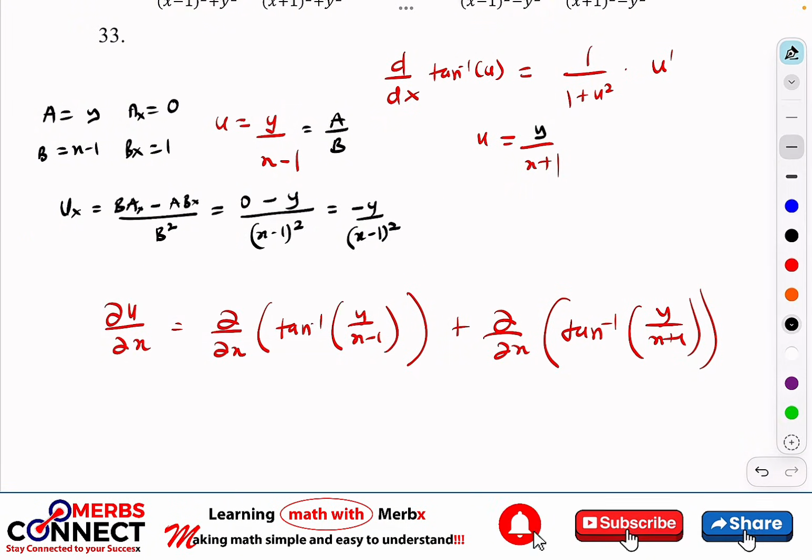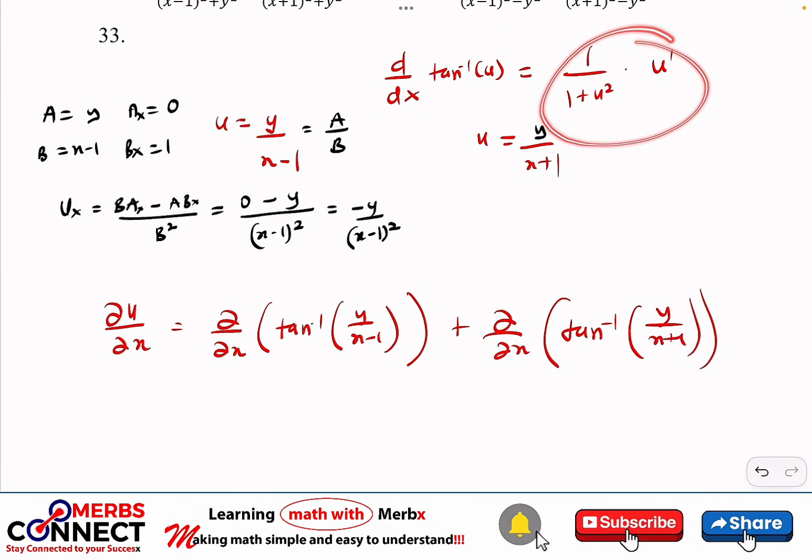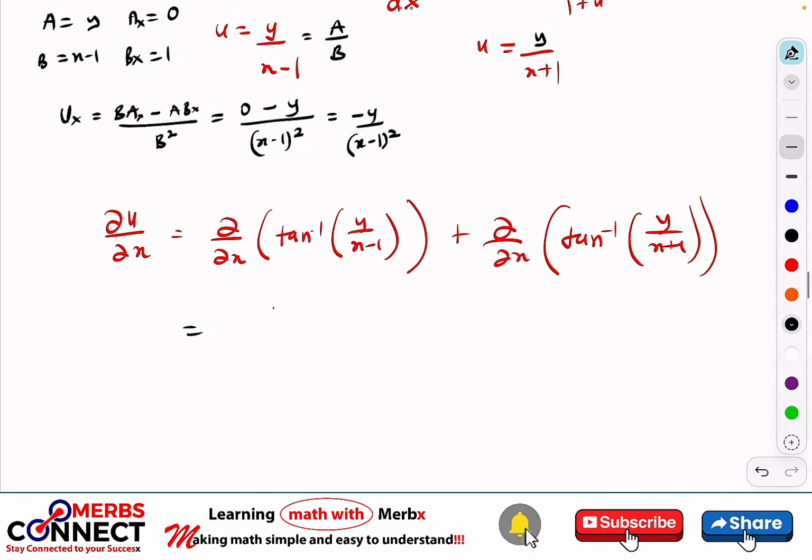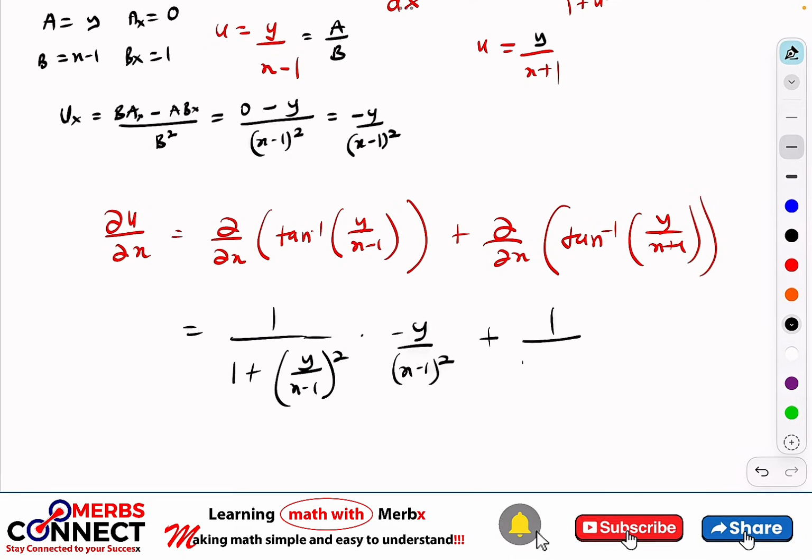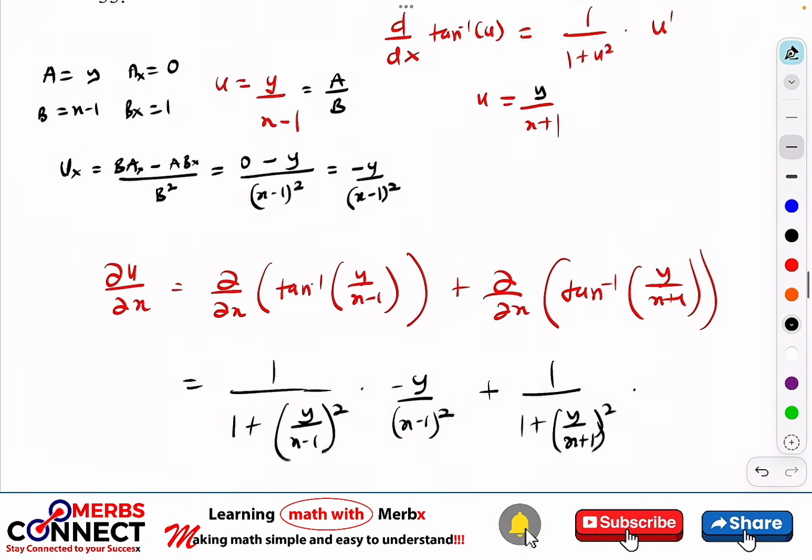So using the formula here, we are going to have 1 divided by 1 plus u, which is y over x minus 1 all squared, times minus y over x minus 1 all squared, plus 1 divided by 1 plus y over x plus 1 all squared, times, we need to differentiate this.